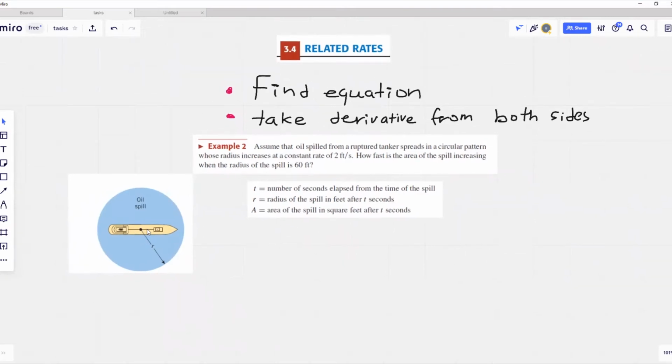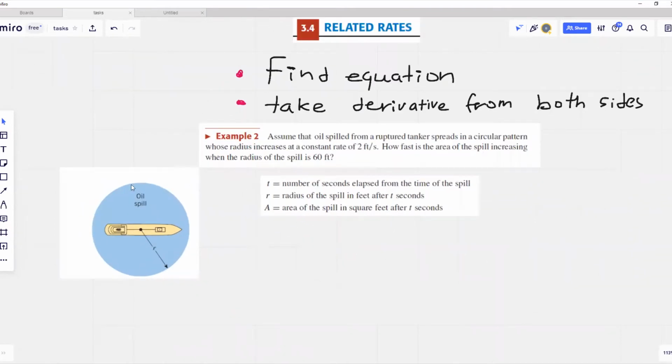So we have our oil tanker here, and the oil spills in a circular fashion, and we can denote the radius of the spill as small r. So small r is the radius of the spill in feet after t seconds. T is the number of seconds passed from the time of the spill, and A is the area of the spill in square feet after t seconds.